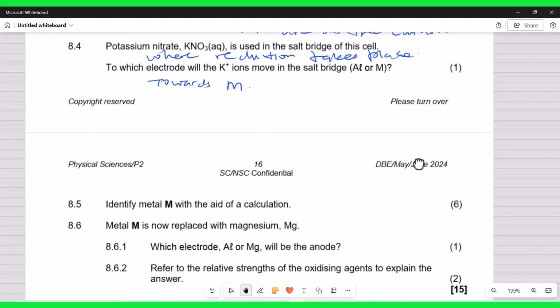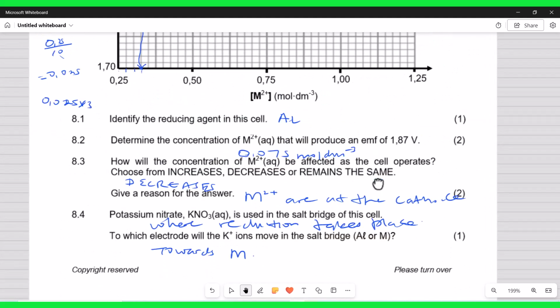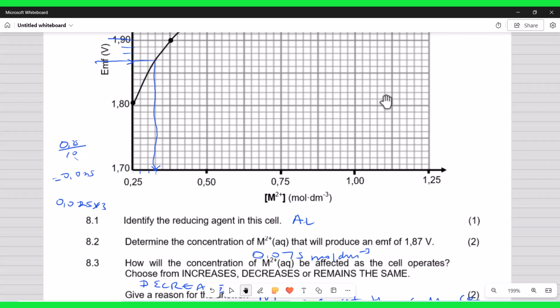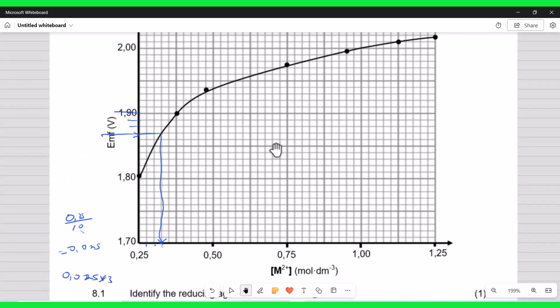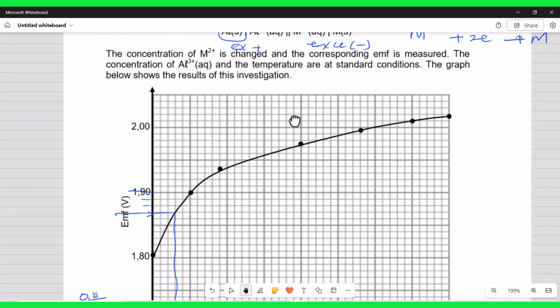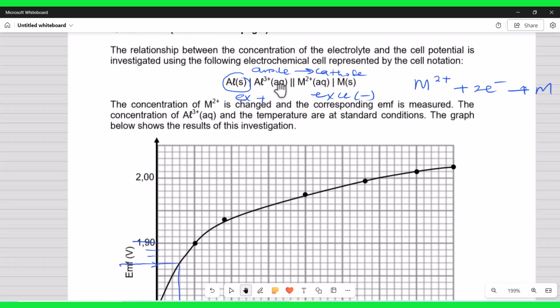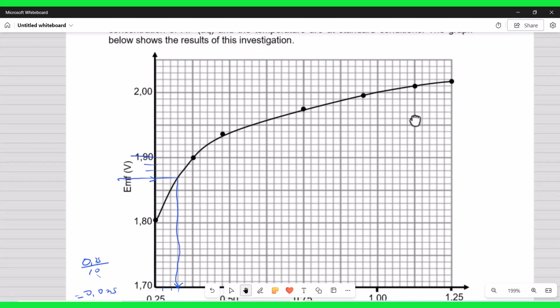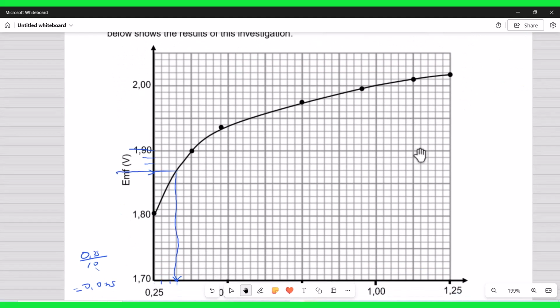But before we do so, let's check the graph again. Now to identify metal M, because this other part of the cell, which is aluminium, was at standard conditions, M must also be at standard conditions, where we have a concentration of 1 mole per decimeter cubed. So it means we must locate its corresponding EMF.